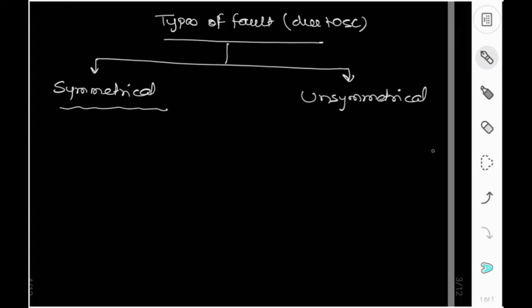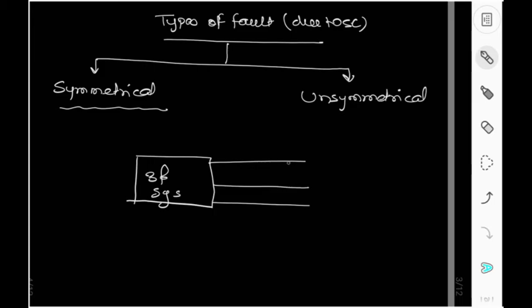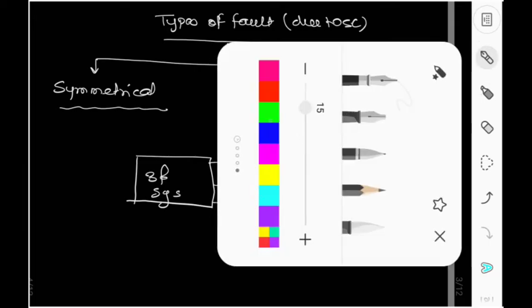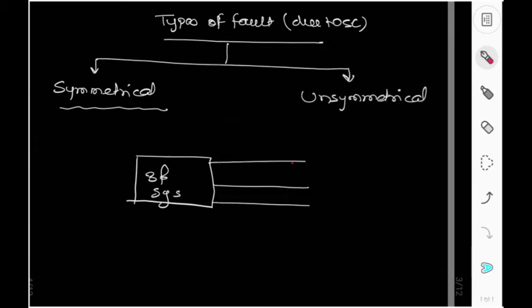What is symmetrical fault? Suppose we have a three-phase system. In this three-phase system, this is one phase, this is two phase, this is three phase. Suppose in this three-phase system, fault occurs in all the three phases. If fault occurs in all the three phases, then the fault experienced by one phase will be the same as the fault experienced by the other phases.